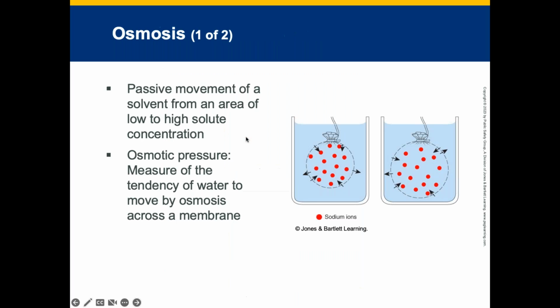All right, perfect. So osmosis is the passive movement of a solvent or a liquid from an area of low solute concentration to one of high concentration through a selectively permeable membrane. The membrane is permeable to the solvent, but not the solute.